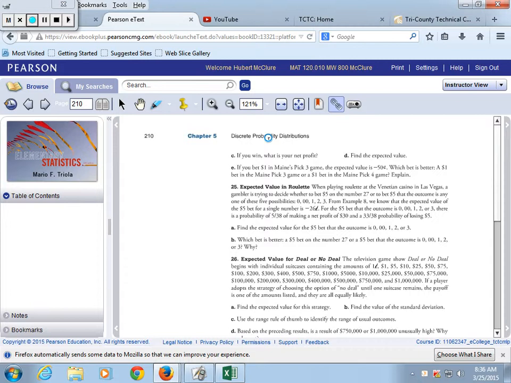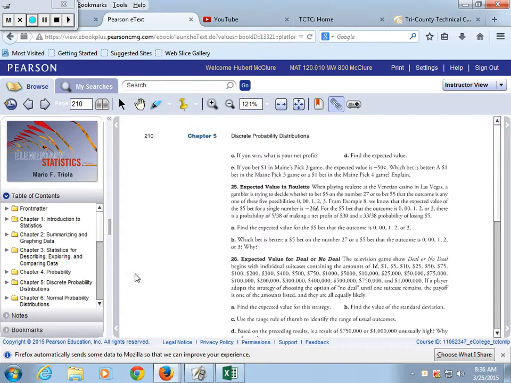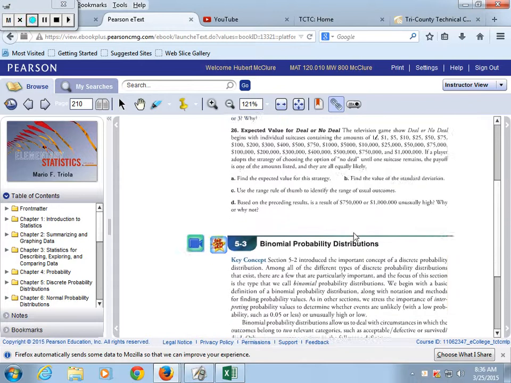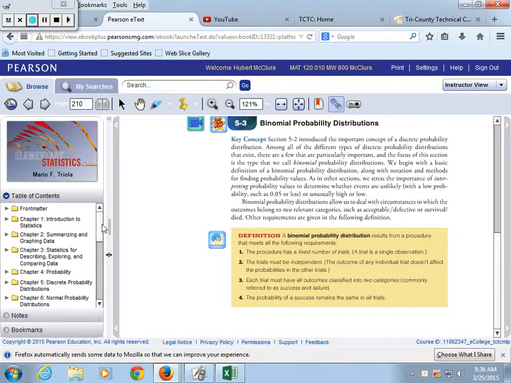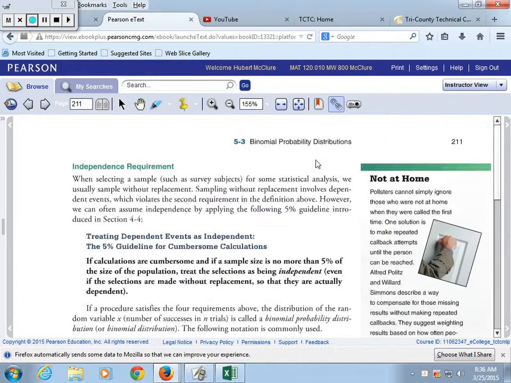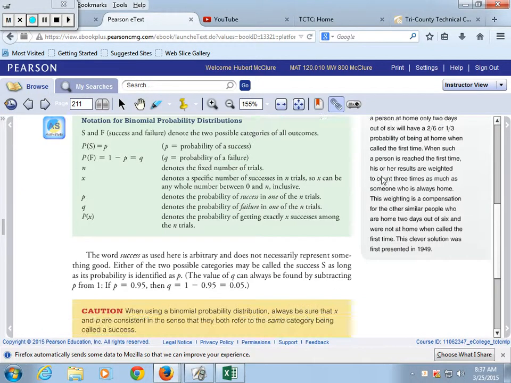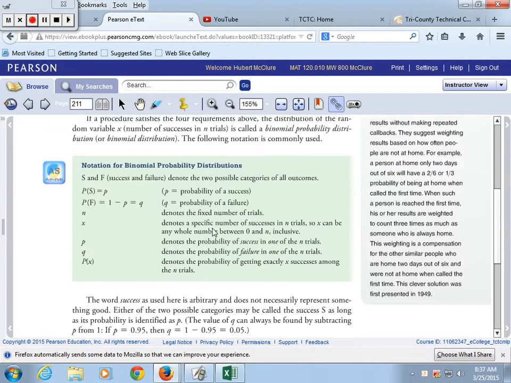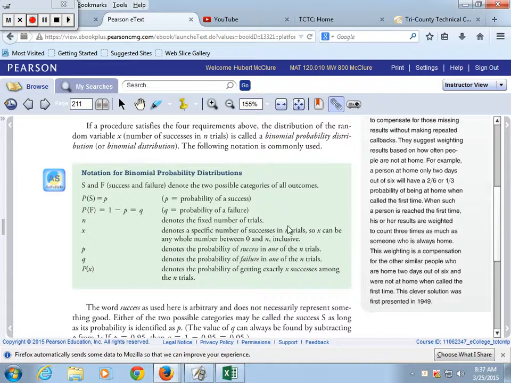NP and X. Probably what we're going to go over next. Let me get rid of this and move over. Yep, that's what we're doing, NP and X. Might want to write down page 211, the green box.